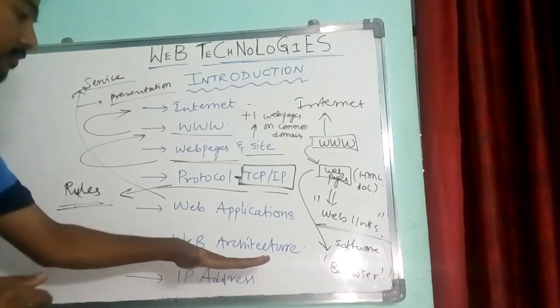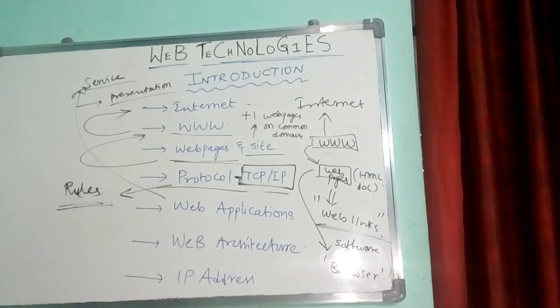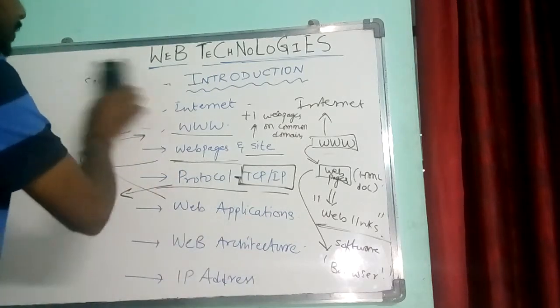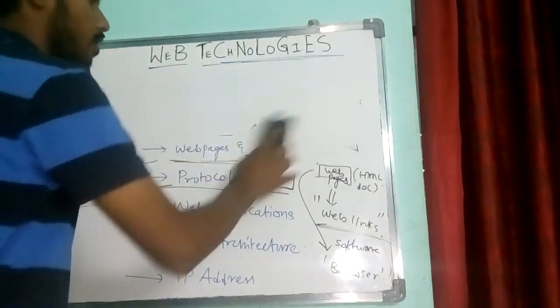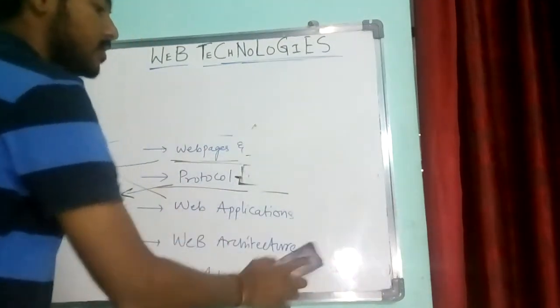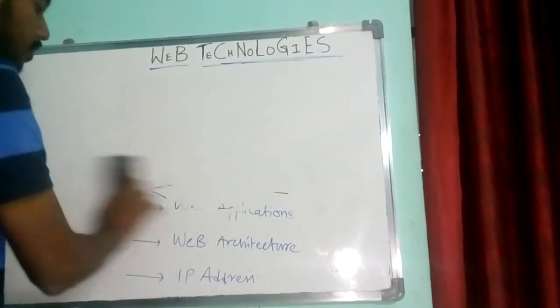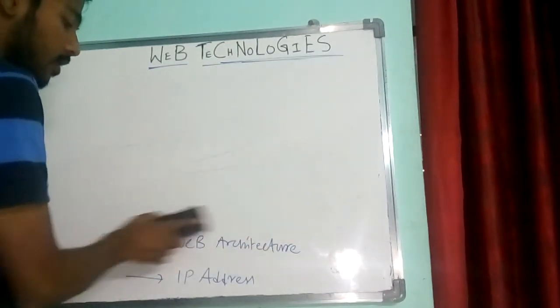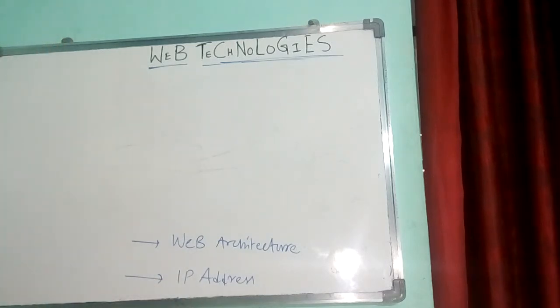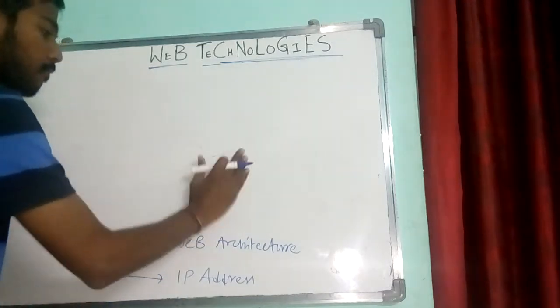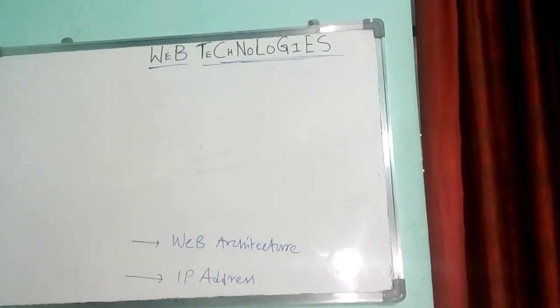Now next comes web architecture. I think by now we have a clear idea of how the web is working. In order to see that, we'll see what the web architecture is.